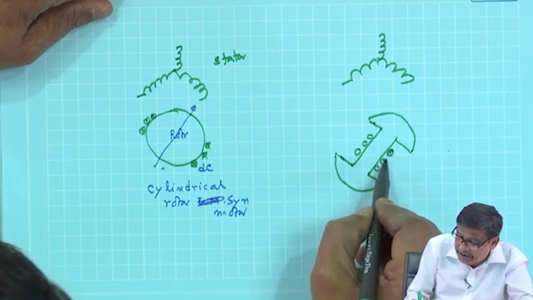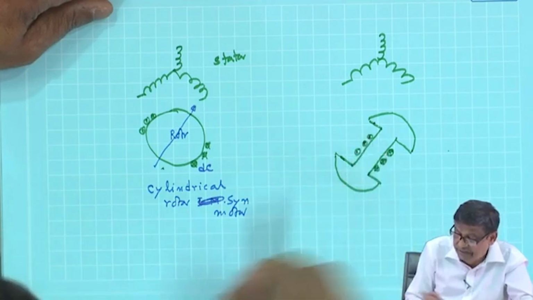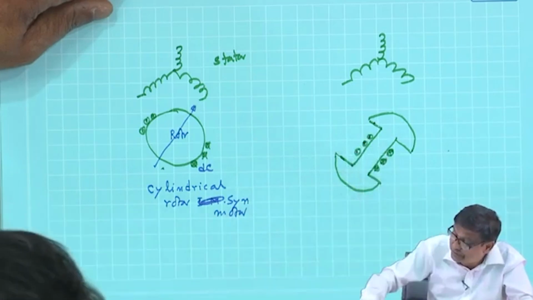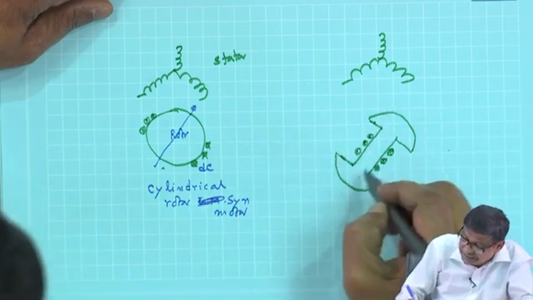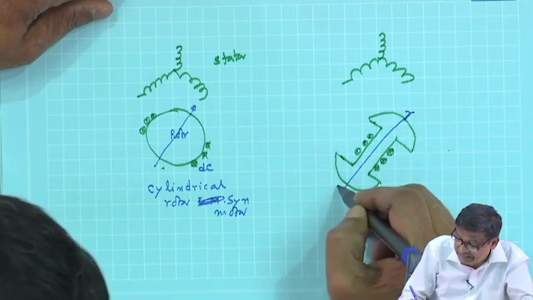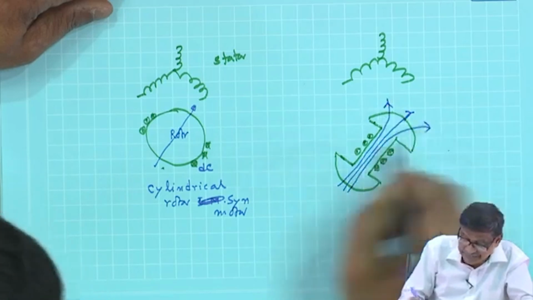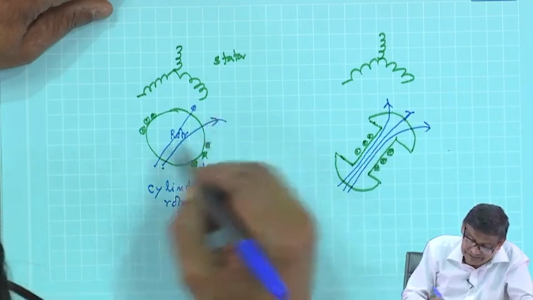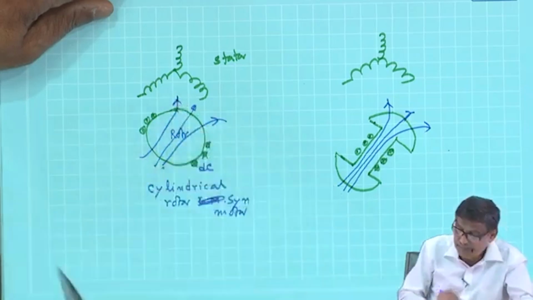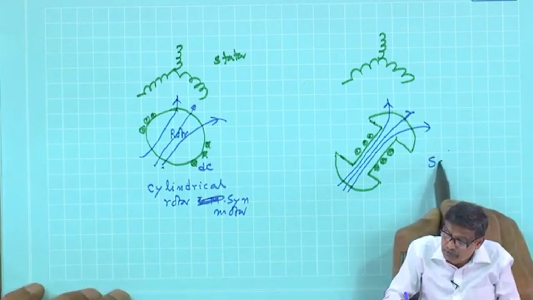They will carry DC current only, and these are dots. So that the lines of force in this case by the rotor will be like this. Here also it is like this. Got the point? So, it is called a salient pole rotor.